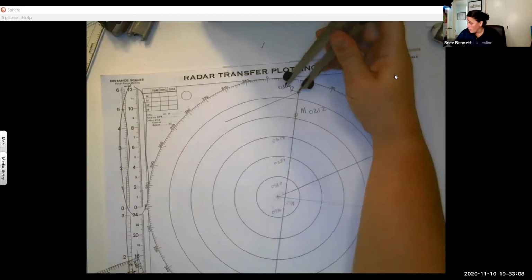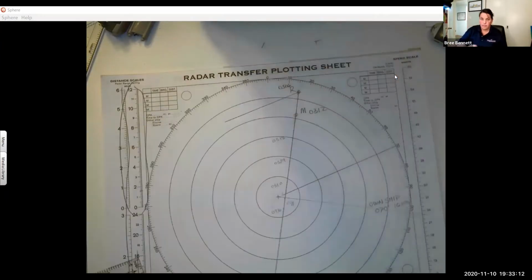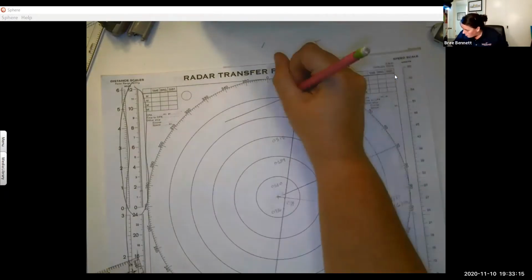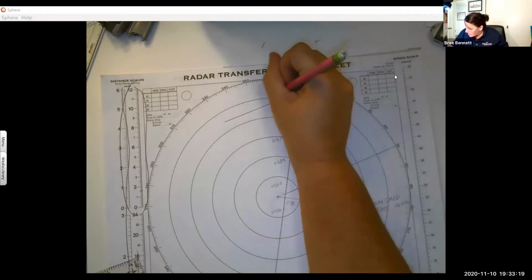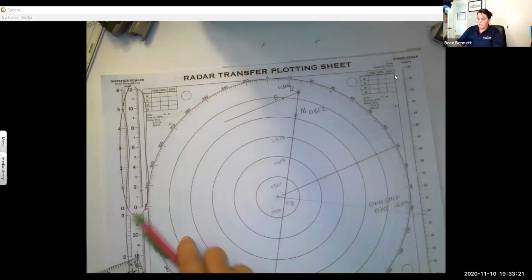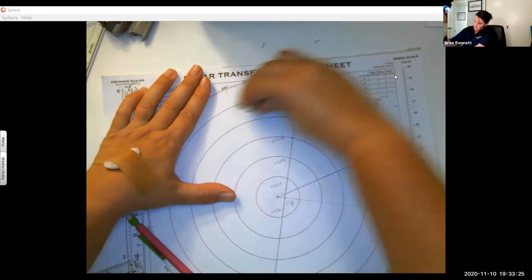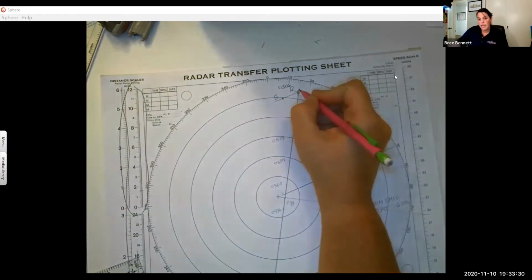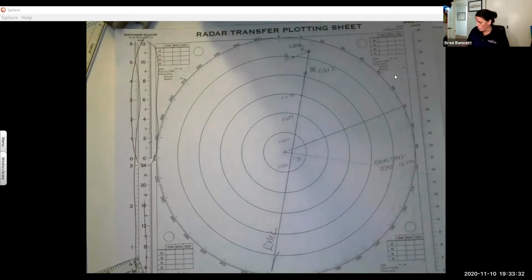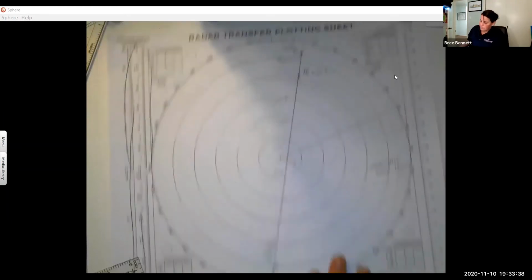From my R, this point here is going to be my E. So let me erase this. So E to R is my own ship. If I look at my rules down here at the bottom, E to R is the true course and speed of my own ship.